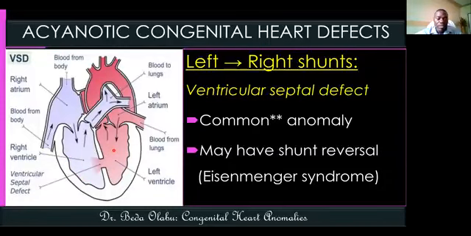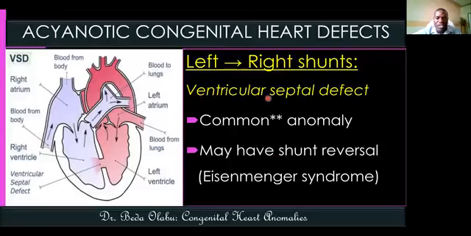When that happens, it means that the shunt will reverse from a left to right shunt to a right to left shunt. That concept of shunt reversal in VSD is what we call Eisenmenger syndrome. It simply means the reversal of the shunt. It happens not at birth, but sometime later as the baby grows.